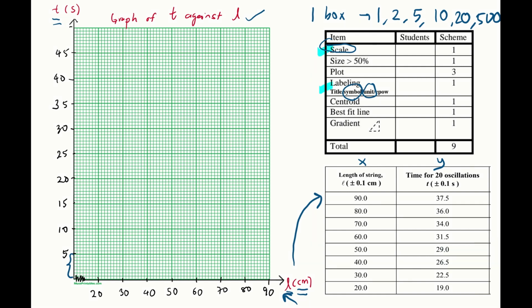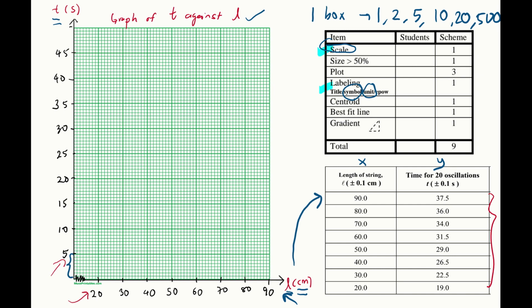For example, for this data we use, the suitable scale here is for y-axis we use the scale of 5, and for x-axis we use the scale of 10.